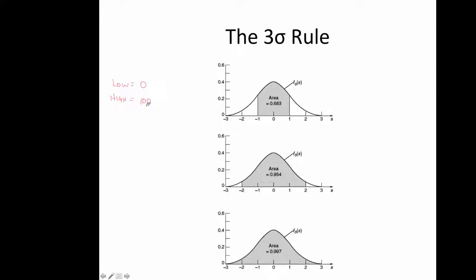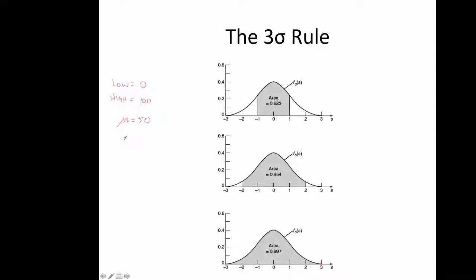If these are the absolute limits, then these may correspond with these limits down here, minus 3 sigma and plus 3 sigma. If we're going to model it as a symmetrical normal variate, then the mean here is going to be the middle, so it's going to be 50.